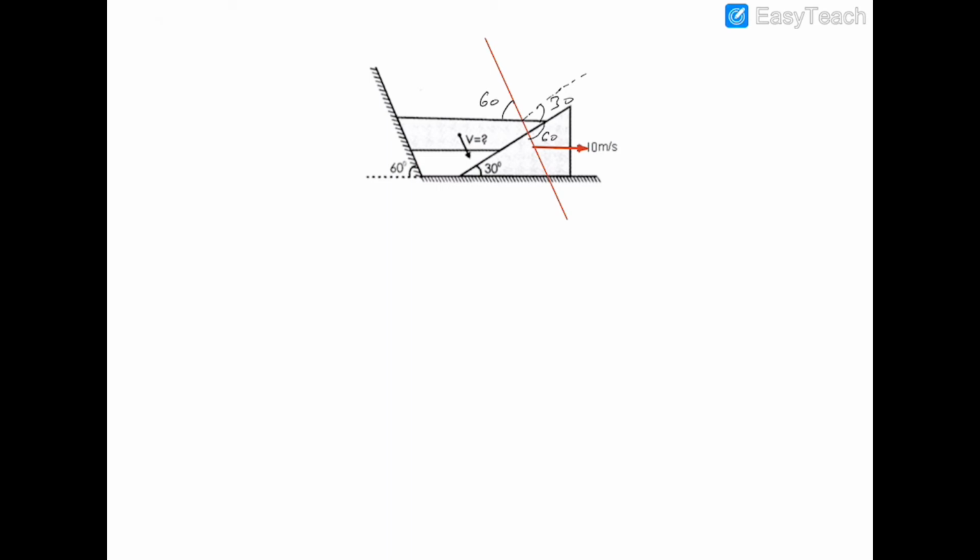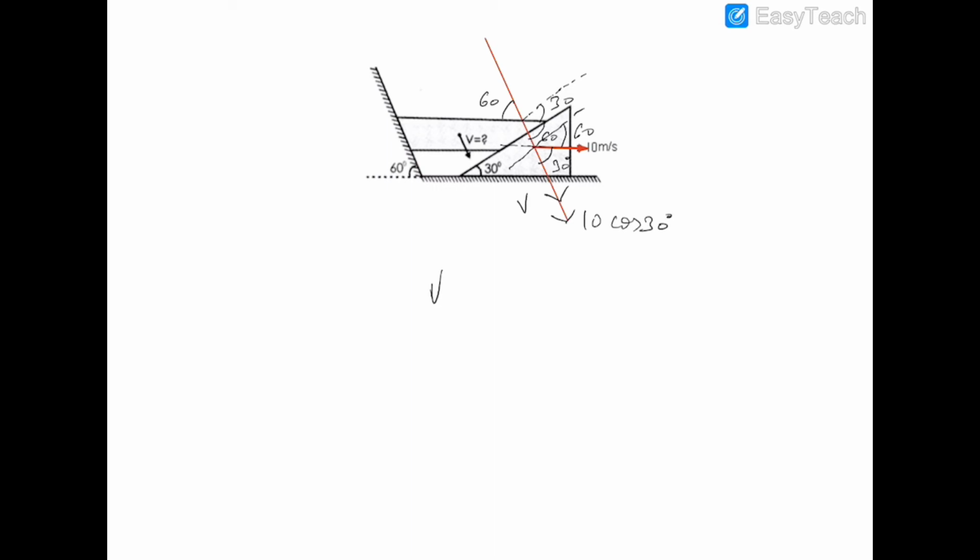So this velocity will be v, and this angle, see, this angle is 60 and this angle is 30. So the component of velocity of wedge along this normal is 10 cos 30.